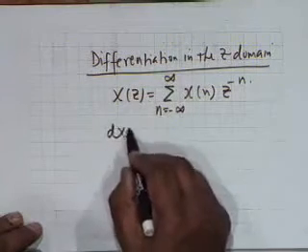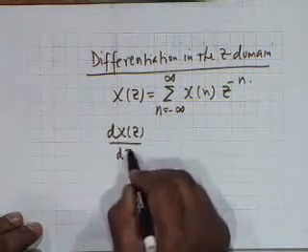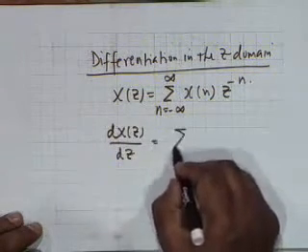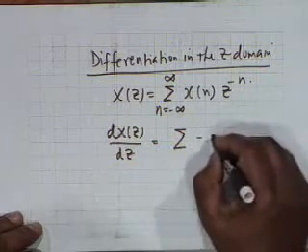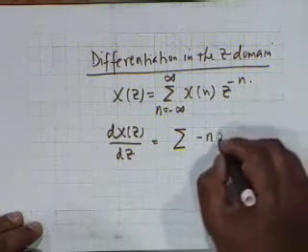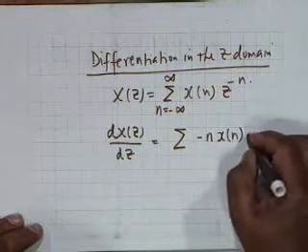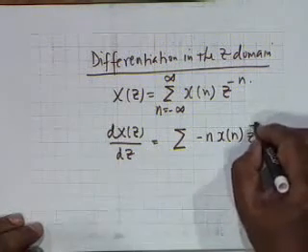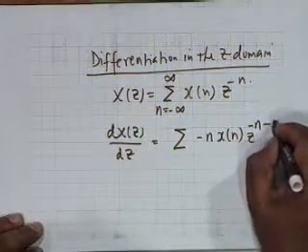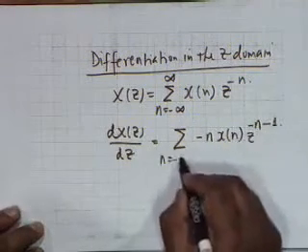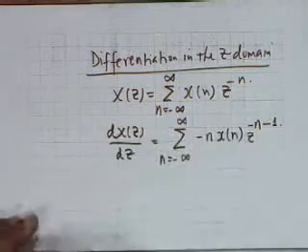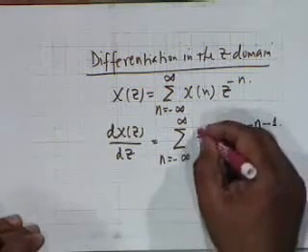If I differentiate with respect to z, then what happens inside is minus n x of n z to the minus n minus 1, n equals minus infinity to plus infinity.